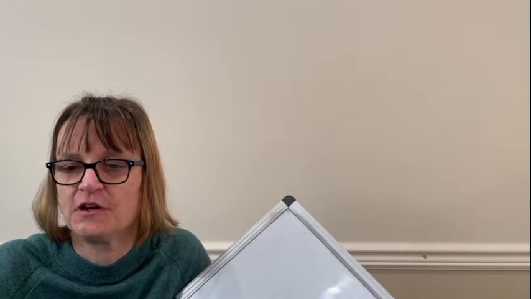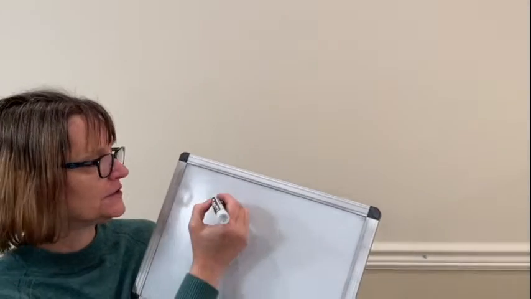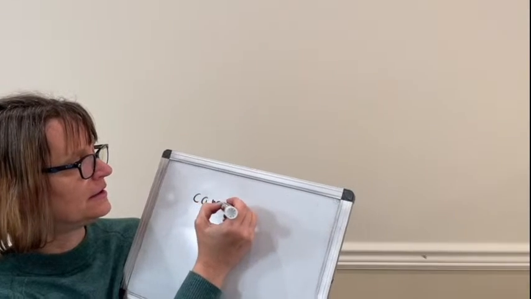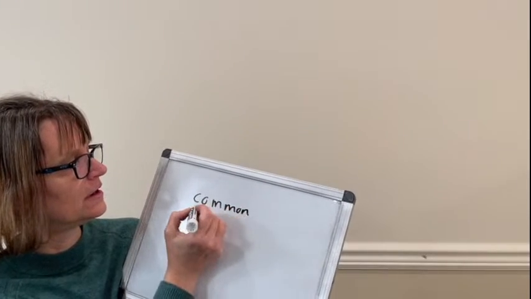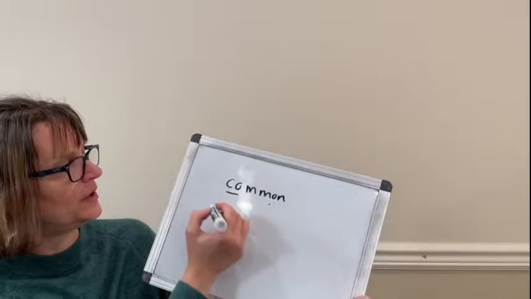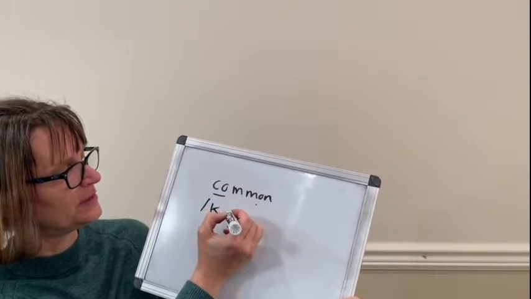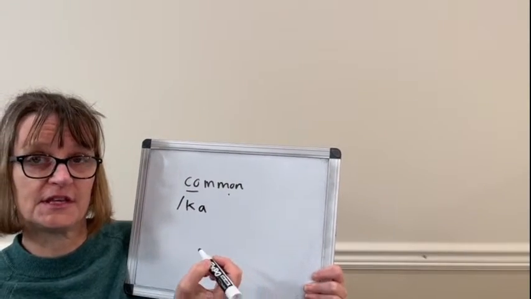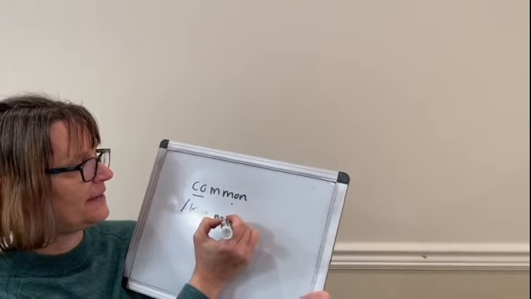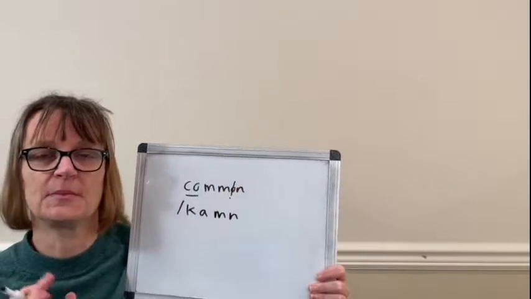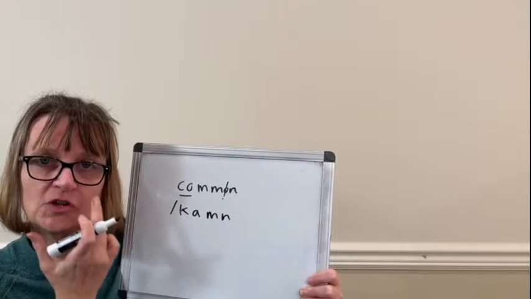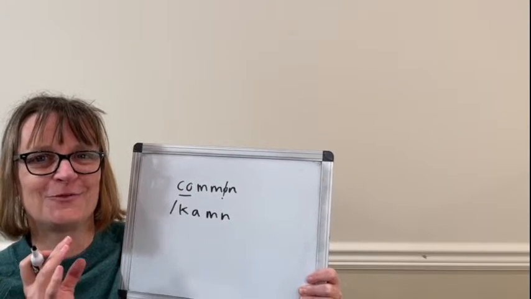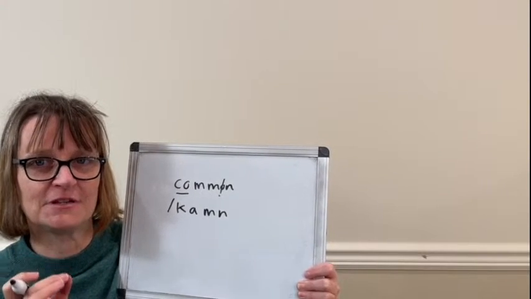Thank you. We have another question of common versus come on. So in common, we have the first syllable stressed and the letter O says the ah sound. And then this letter O is going to make very little sound. It may be a small schwa, or it might just be a syllabic N where we go right from the m to the n.